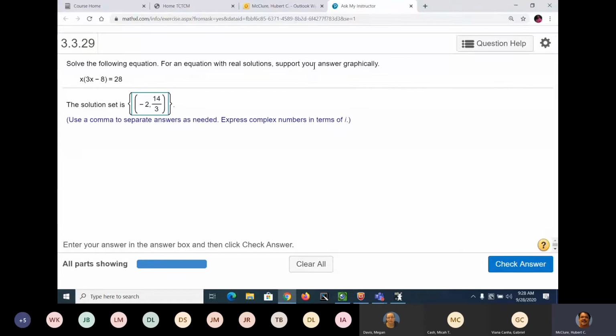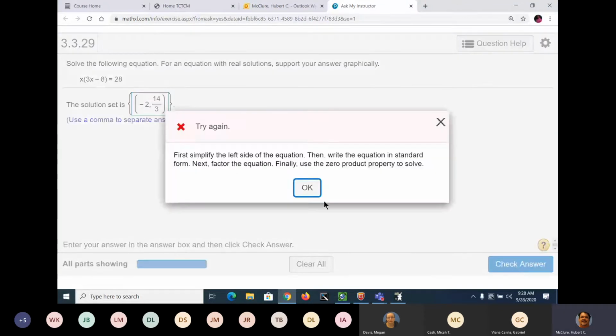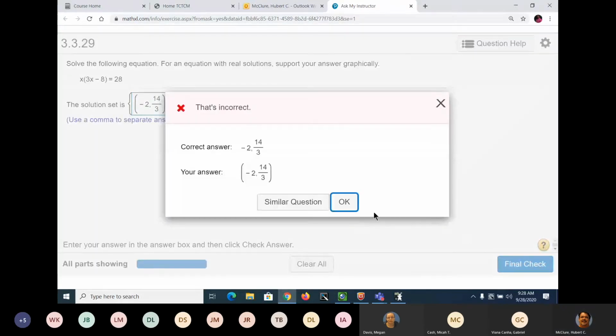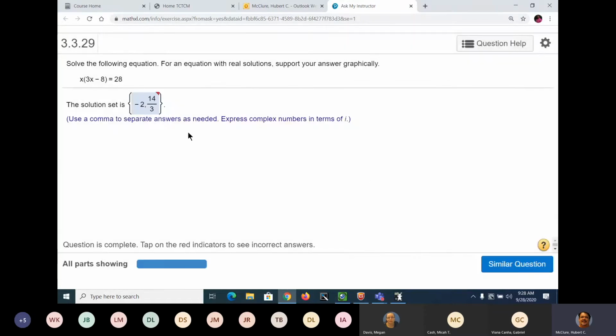Support your answer graphically. We did, but let's see what they got. Now see, that's bull crap, because they have been saying put parentheses around everything, and then the one time you put parentheses, they say don't. Okay, that would be okay. And then I thought they said do it graphically.